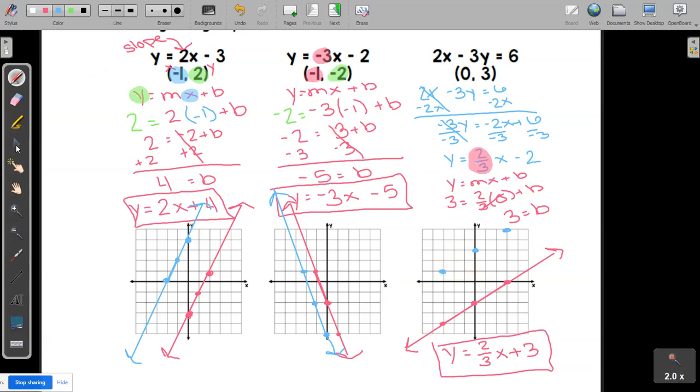Now draw it, and your arrows. So that is solving and then graphing parallel lines. Let's look at the second half, so perpendicular lines.